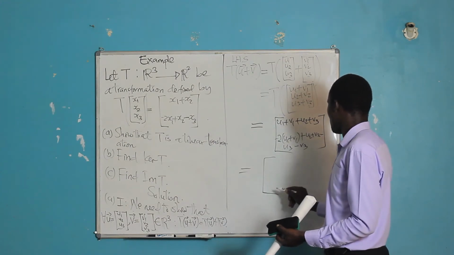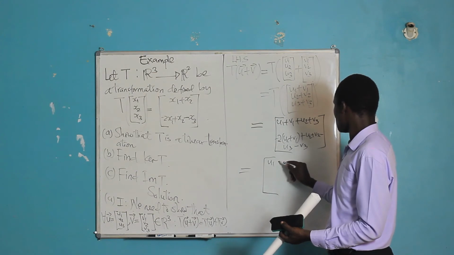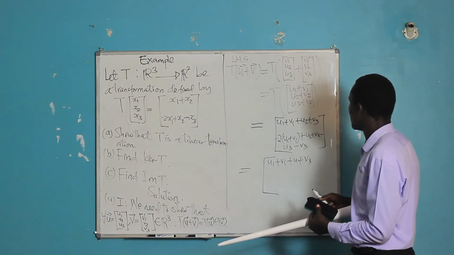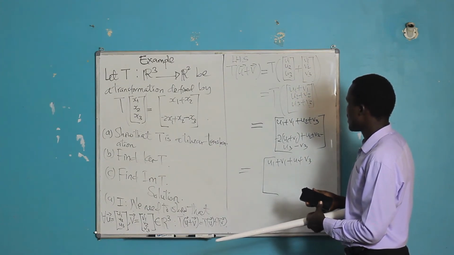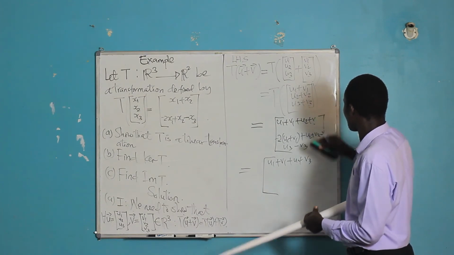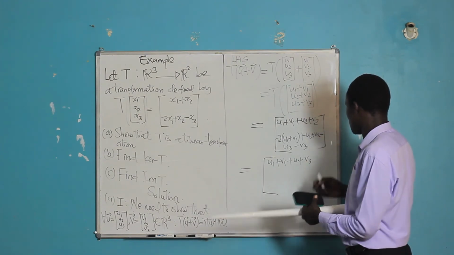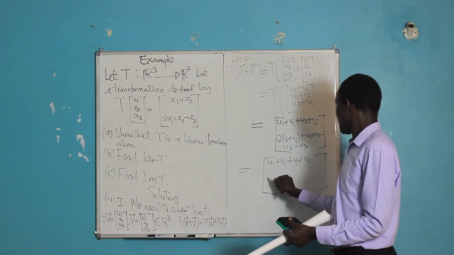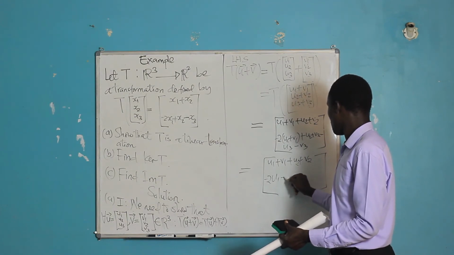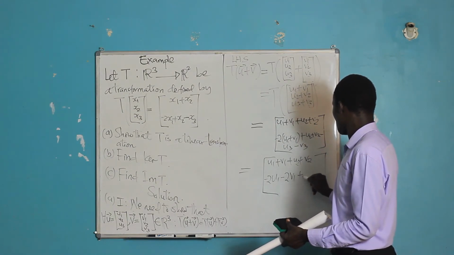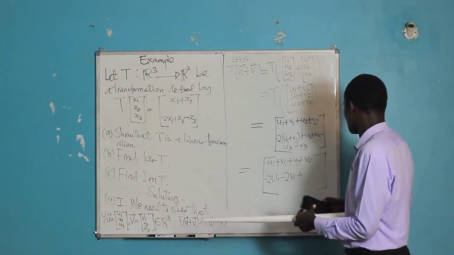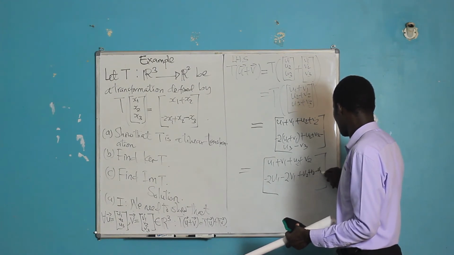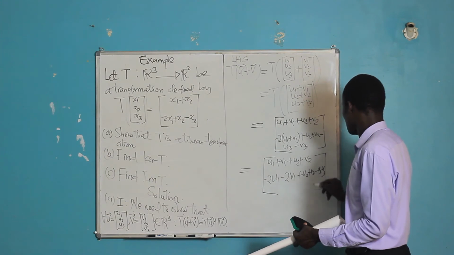So, in general, we are going to get u1 plus v1 plus u2 plus v2, and negative 2 u1 minus 2 v1 plus u2 plus v2 minus u3 minus v3.